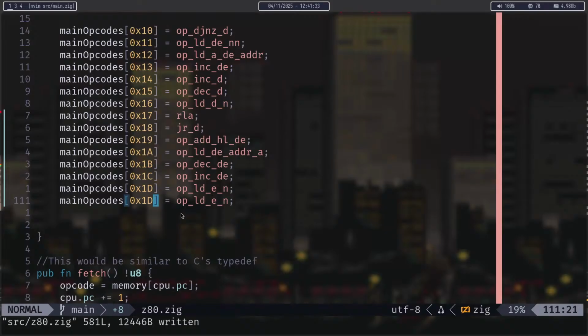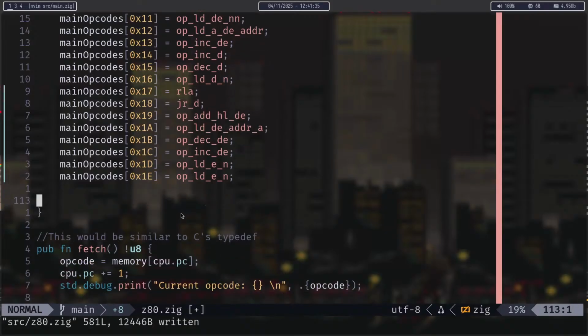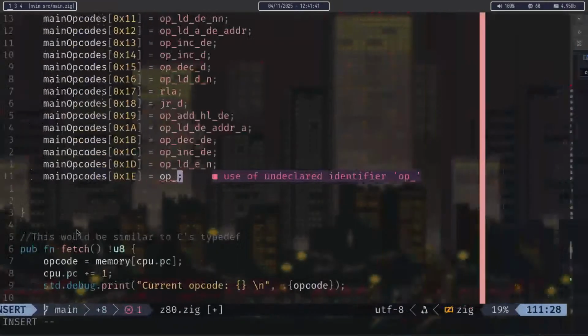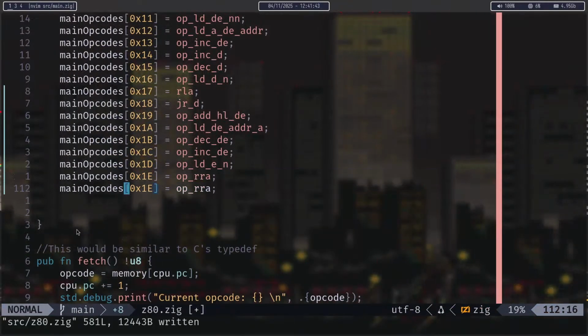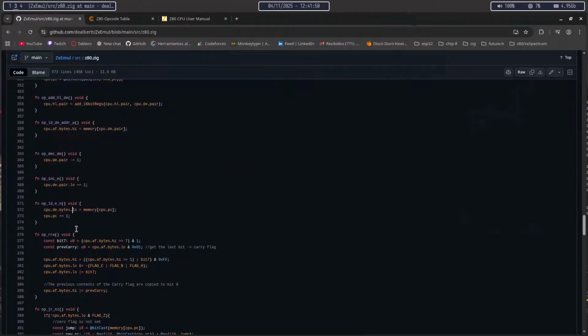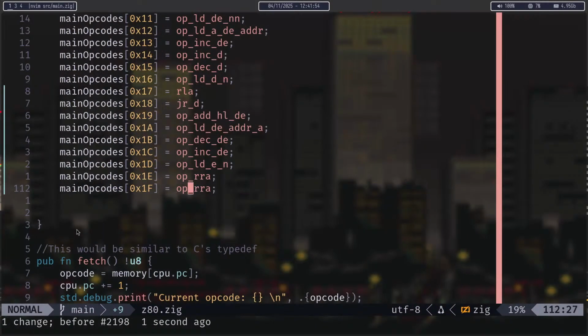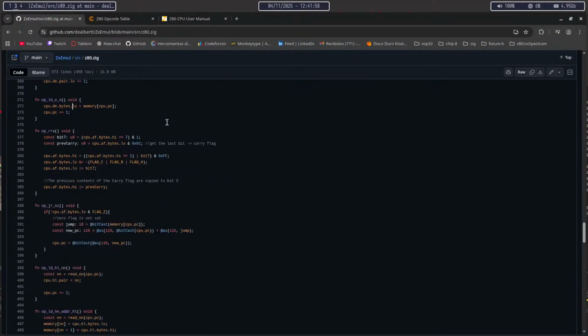Whoops. All right, there we go. And then giant relative, yeah.